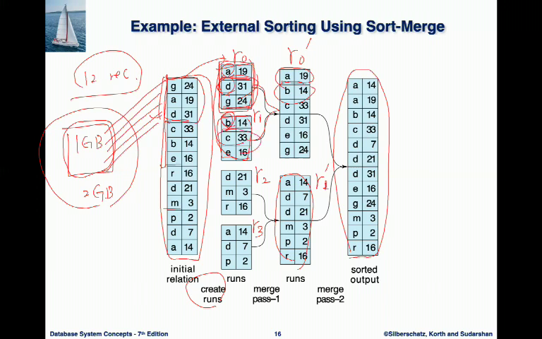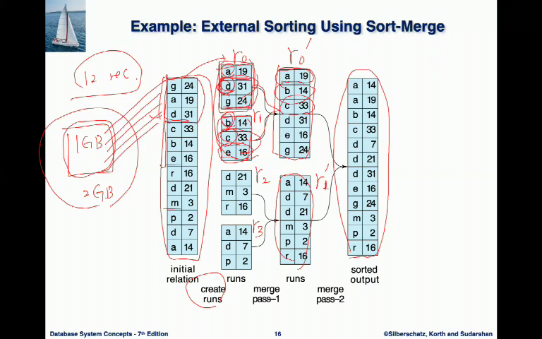Now you have D and C, C is smaller, so you output C, and then you move on to the next item. You have D and E, and you pick D, and you repeat this process, and as a result, you are going to have a totally sorted run. I think it is fairly intuitive, right?